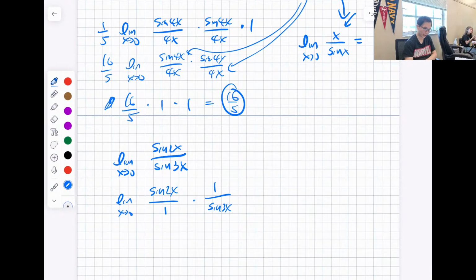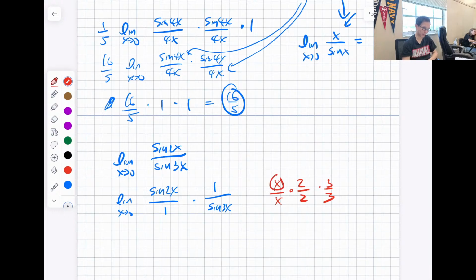So I can possibly make this a 2x, and I can possibly make this 3x. So I want to multiply by x over x, putting one x on one side and one x on the other side. I can also use 2 over 2 and move 3 over 3 here, and I'll just move accordingly.